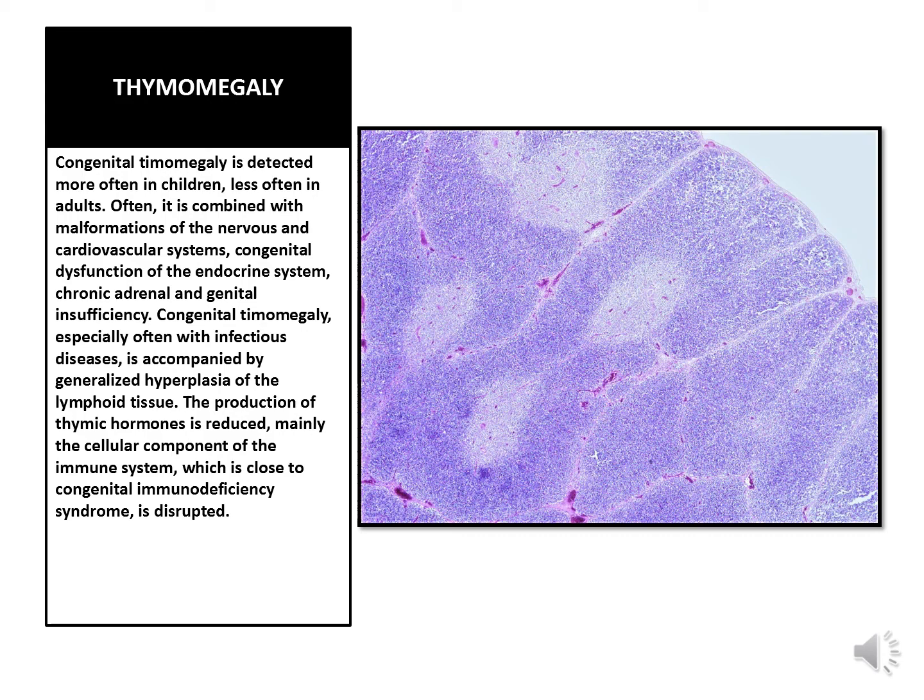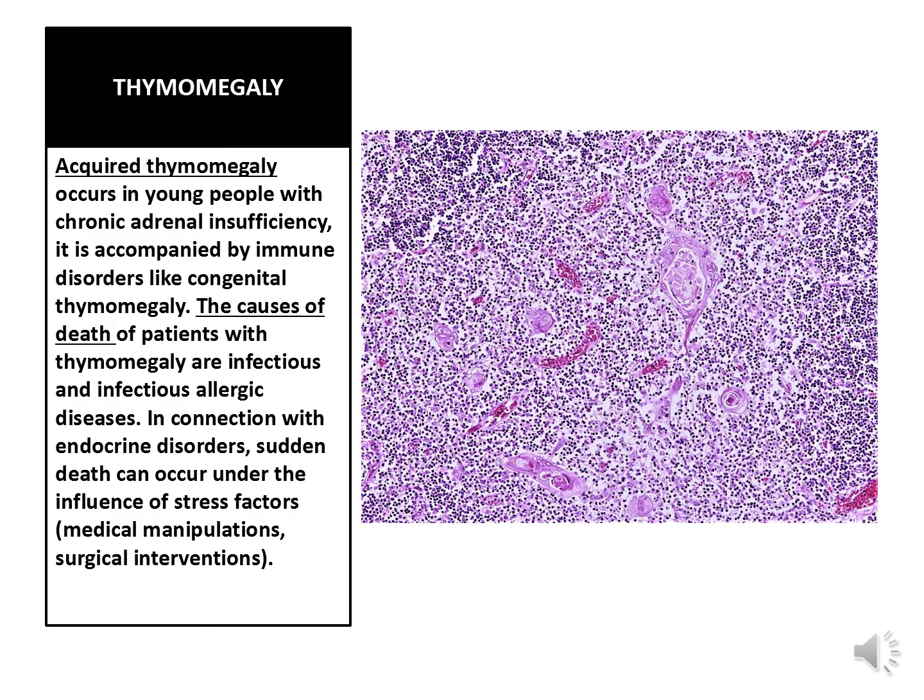The production of thymic hormones is reduced, mainly the cellular component of the immune system, as you know, which is close to congenital immunodeficiency syndrome, which was discussed before.